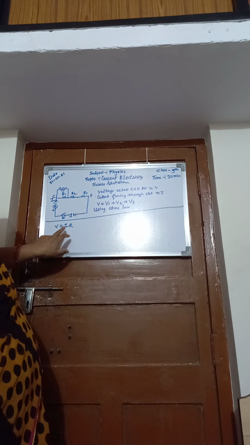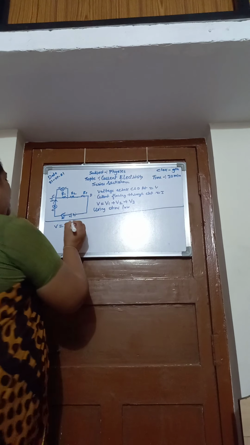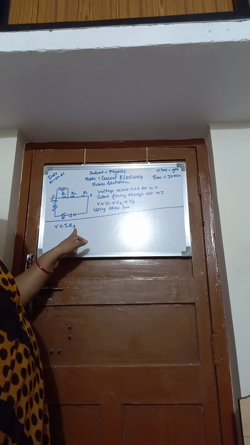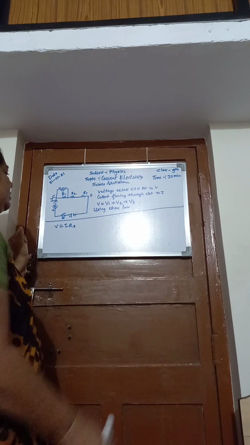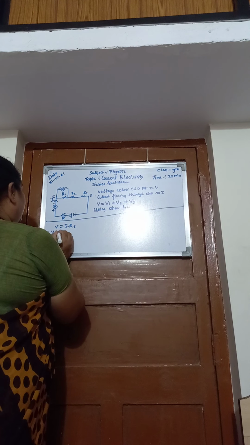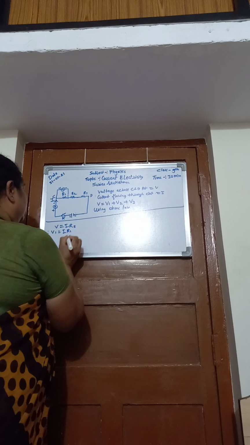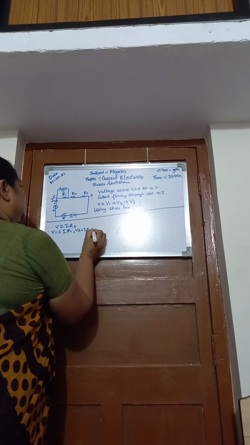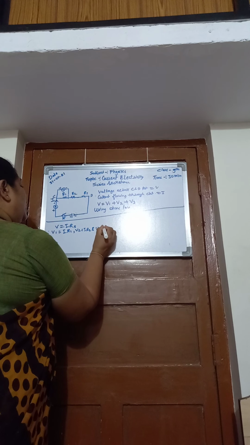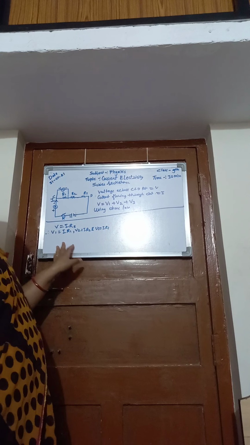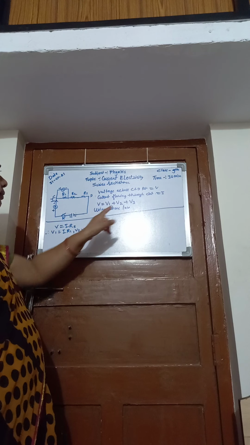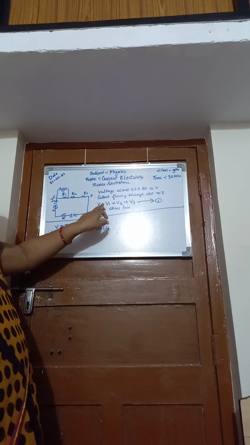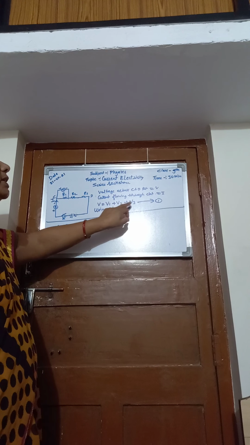Here the equivalent series resistance is RS, so V equal to I into RS. Therefore V1 equal to IR1, V2 equal to IR2, and V3 equal to IR3. Okay, got it up to this? Put it as equation 1. We know that V equal to V1 plus V2 plus V3.